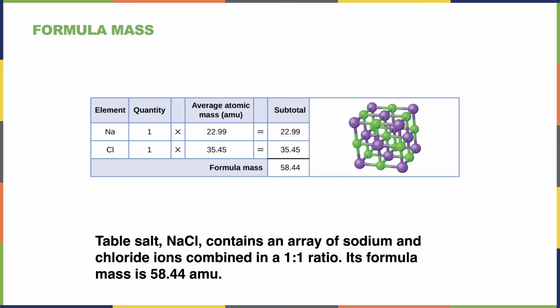The average atomic mass for chlorine is 35.45. 1 times 22.99 is 22.99. 1 times 35.45 is 35.45. You add those two together and you get 58.44. And so the formula mass for sodium chloride or table salt is 58.44 AMU.